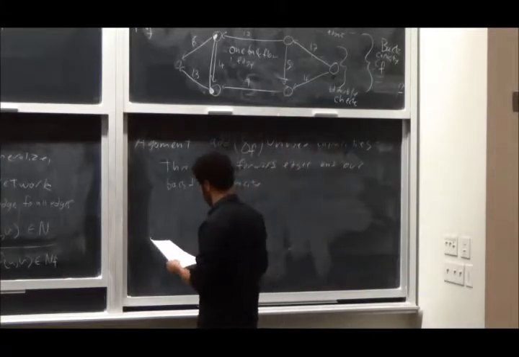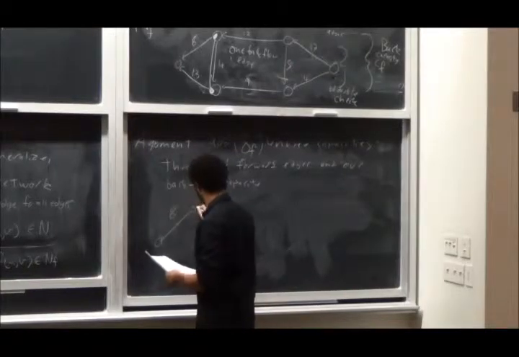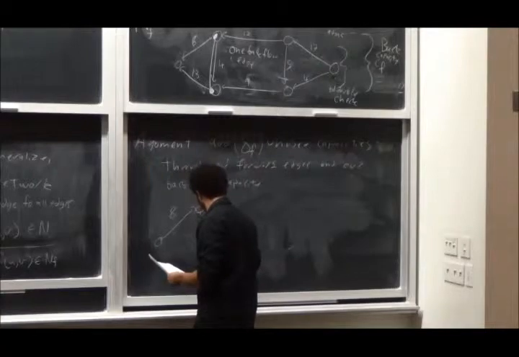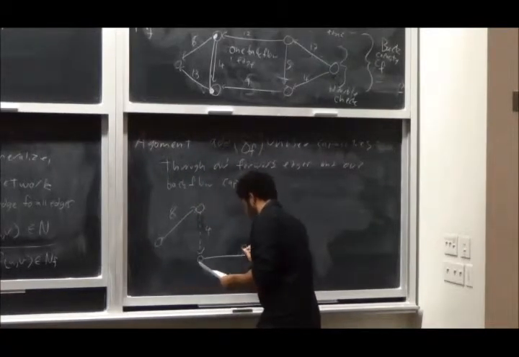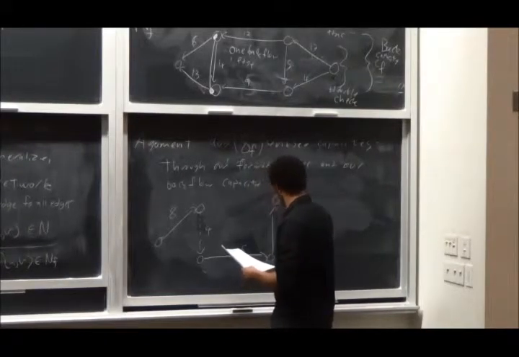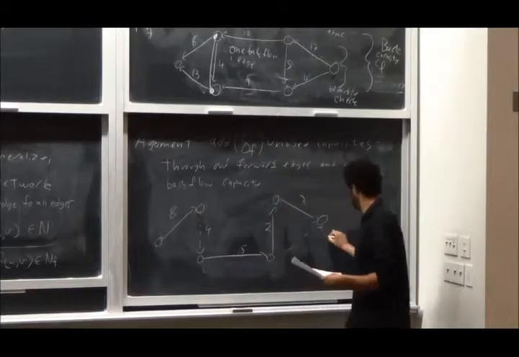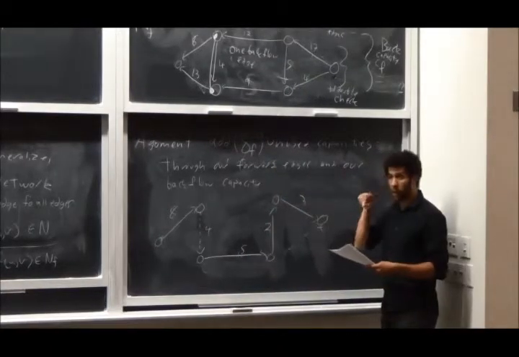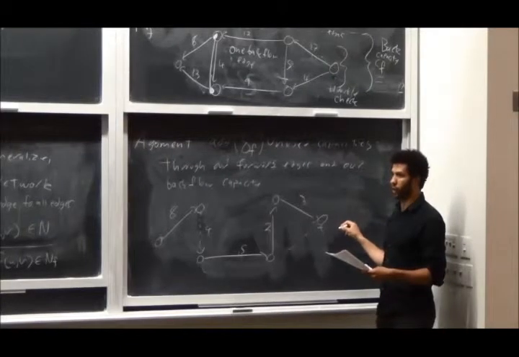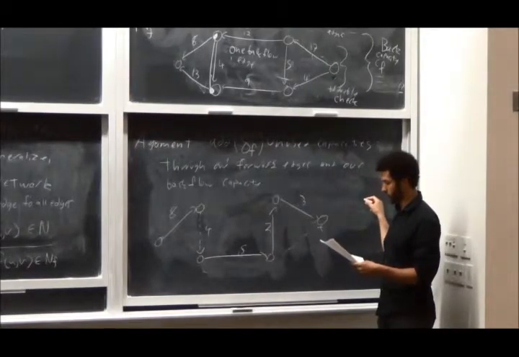And it turns out that it's this one. And I'll do this with the dotted line. Okay? So that's what we'd actually put together by comparing our residual forward and back flow capacities.